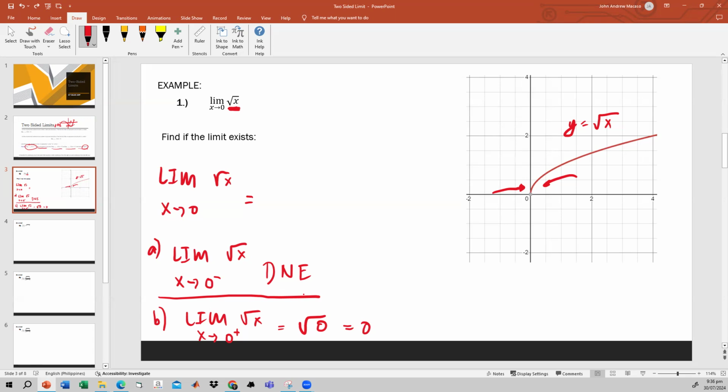So we can now say, if we're asked whether the limit exists for the given function square root of x as x approaches 0, that the limit does not exist. Because again, A must exist, B must exist, and they must be equal to the same value, right?